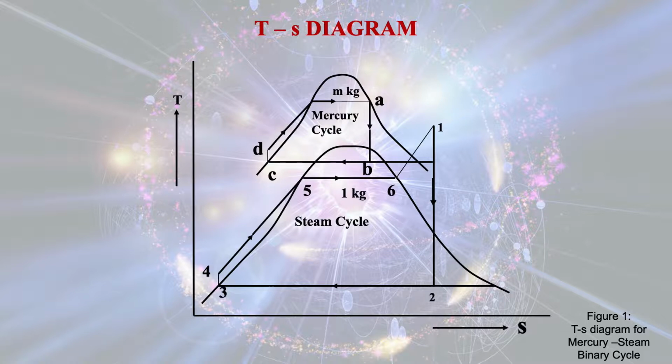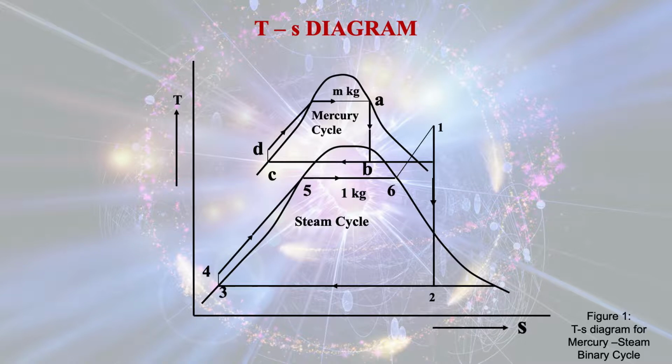Now you see at point A, that is the entry point of the mercury vapor in the mercury turbine, and B is the exit point of the mercury turbine. So work done by the mercury turbine is equal to m multiplied by (HA minus HB).